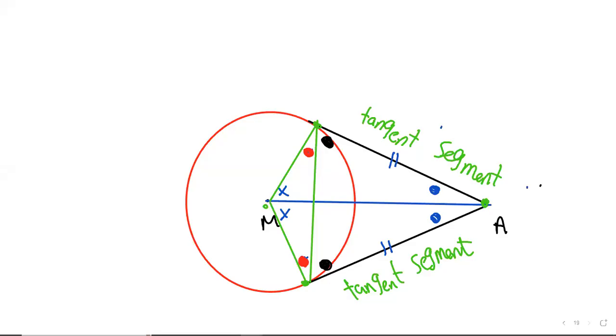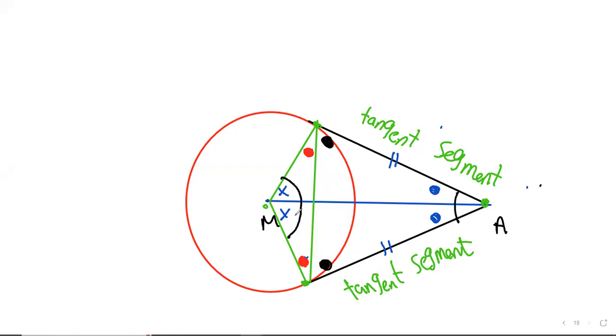The straight line passing through the center of the circle and the intersection point of two tangents bisects the angle between these two tangents, and also bisects the angle between the two radii passing through the two points of tangency.